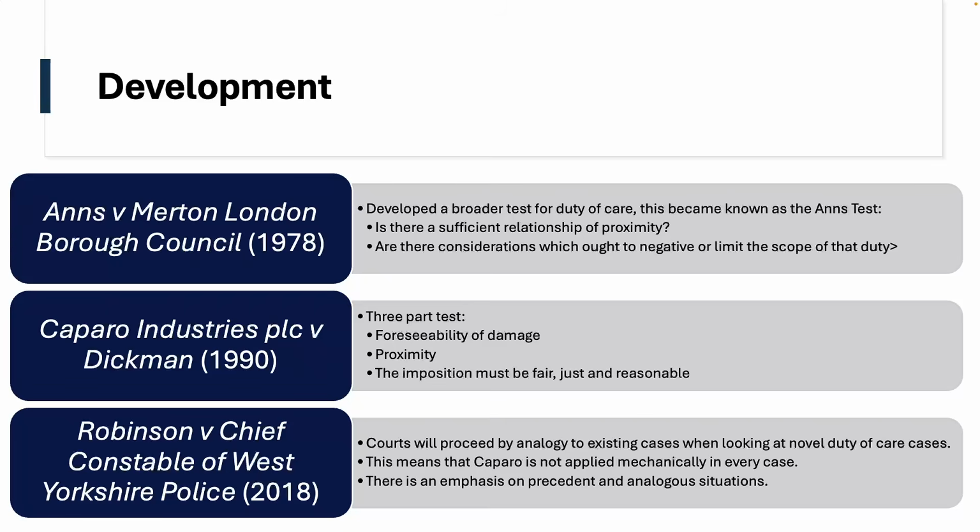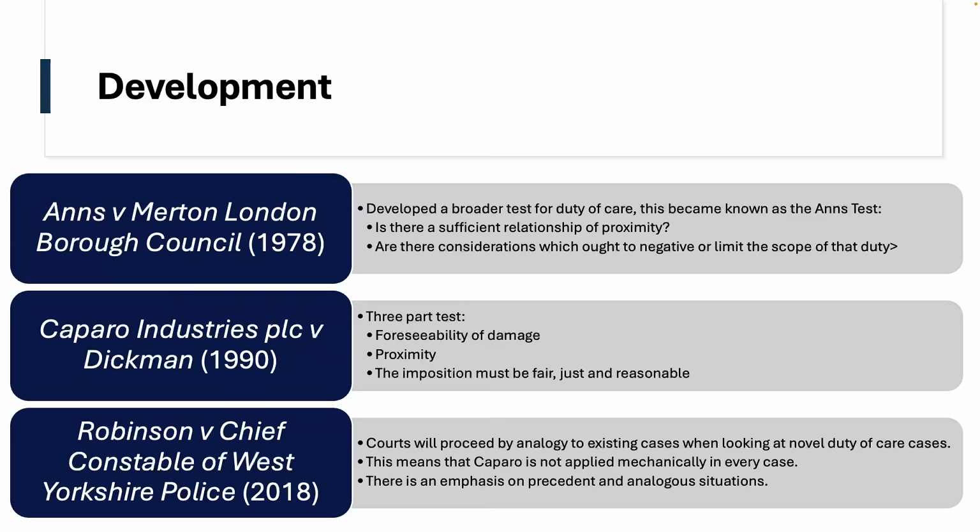They basically came to the conclusion that the test in Caparo and Dickman is still a good test for truly novel cases, but that Caparo should not be applied mechanically in every single case, and that there should be an emphasis first on looking at existing cases, looking for precedent, and then if there is no precedent for this particular case, the next step should be to look for circumstances in which there is analogy, where you can analogize and see if there's any kind of similar circumstances.